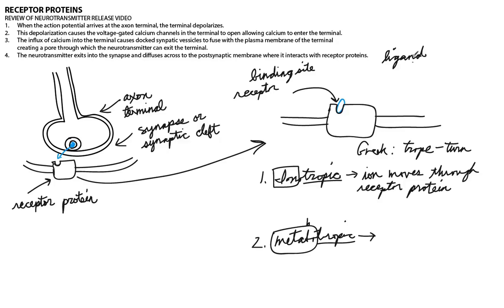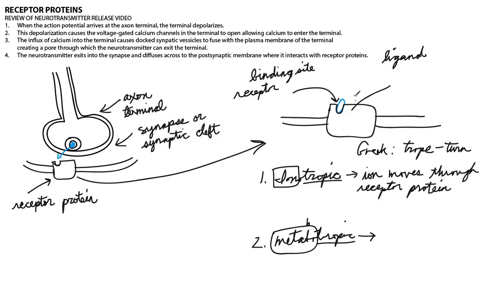Usually the ligand is smaller and the molecule that it's binding to is larger. Well, you can see that that's exactly what's happening here. The neurotransmitter is, compared to the receptor protein, a relatively small molecule, and it will bind with or join with the receptor protein. And so we refer to the neurotransmitter as a ligand.